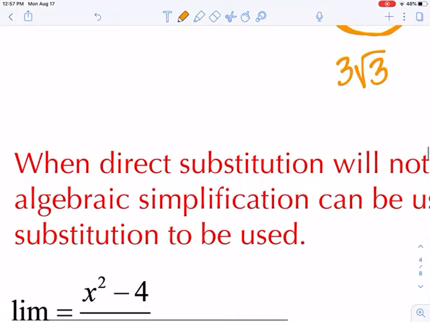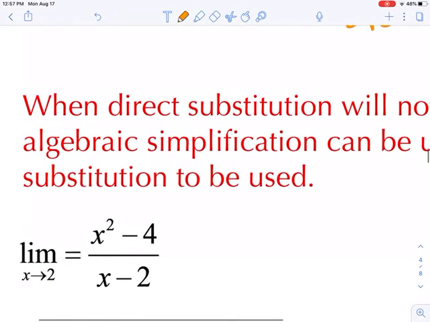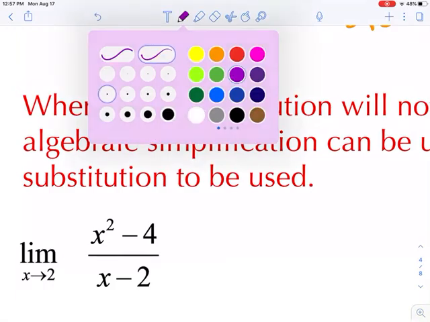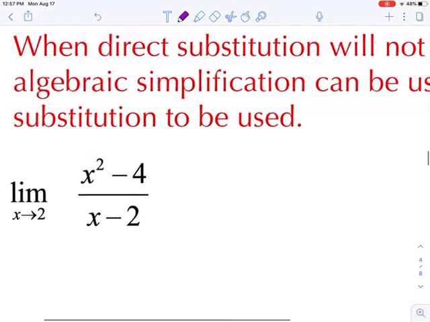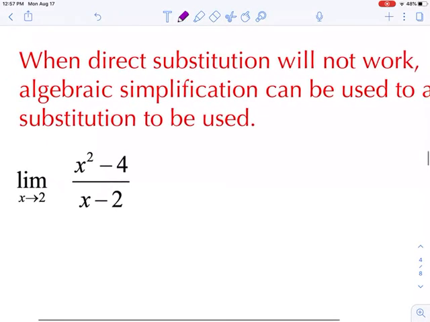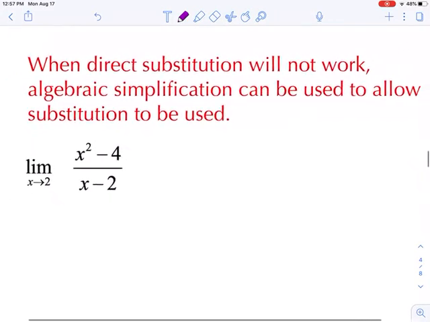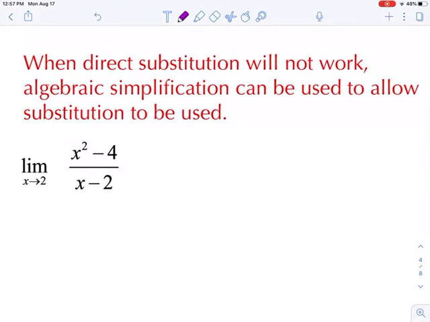All right. So what happens if direct substitution does not work? Let's look at some strategies. Direct substitution does not work when we have something like this.